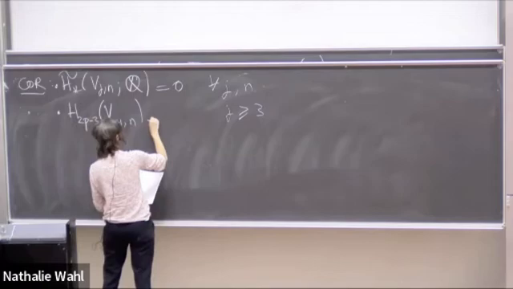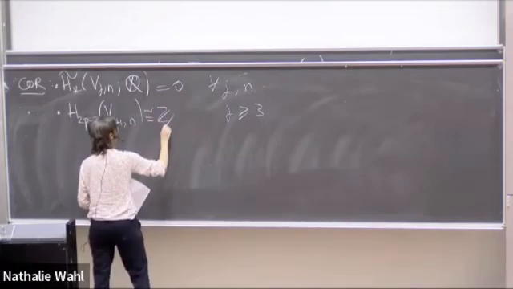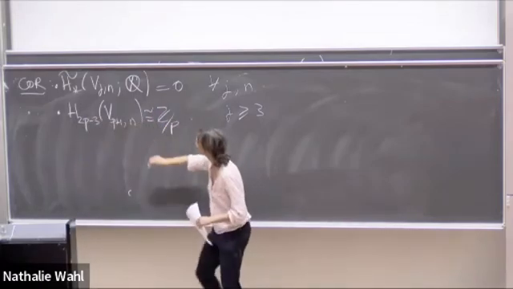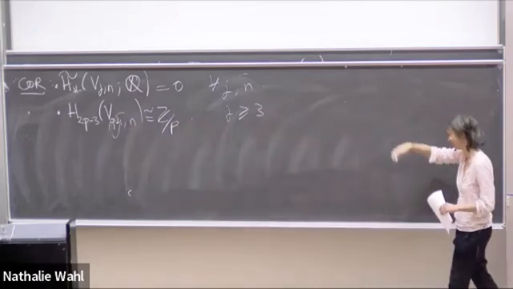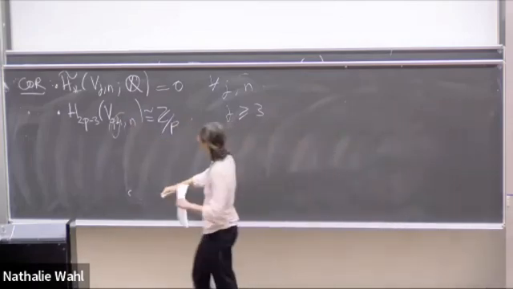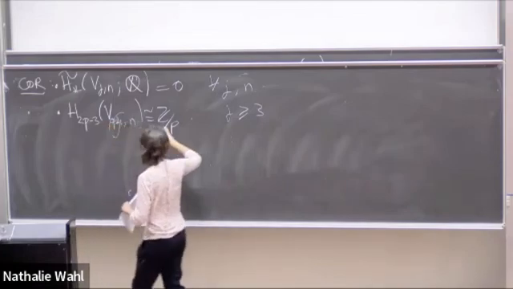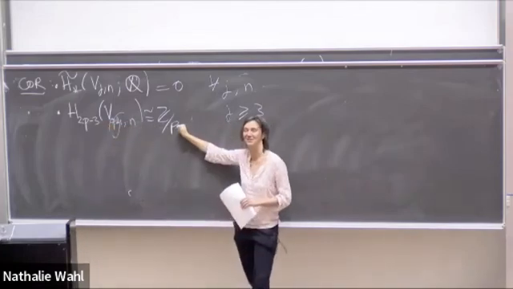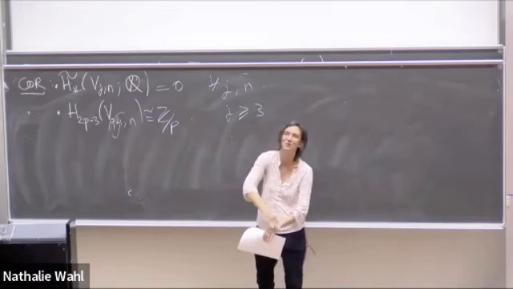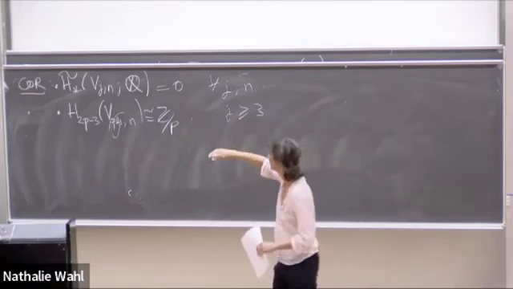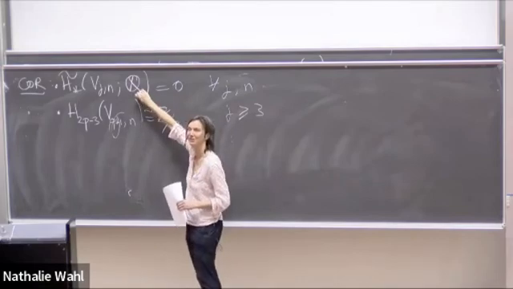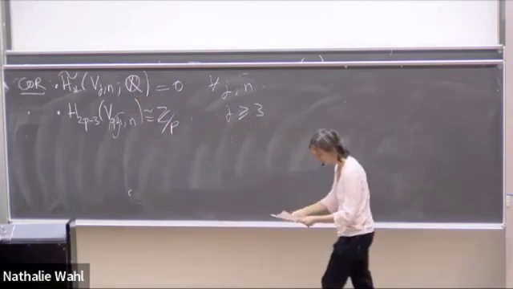I'm sorry. It's Z mod P. So for some appropriate thing over here. I'm sorry. Look it up in the paper. So what I wanted to say is you will get 0 up to a certain stage, and then you get a first non-trivial homology group, which will be a finite group. The rational homology being trivial.